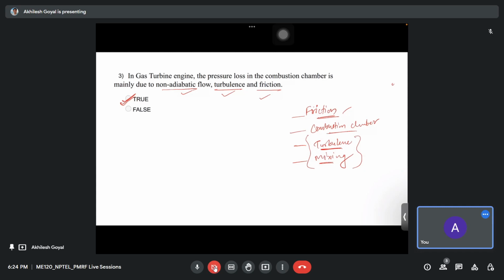All these are the main causes of the pressure drop in the combustion chamber. Okay, so for question third, the answer is true. The pressure loss occurs due to these mentioned reasons. Okay. So now let's move to the next problem.